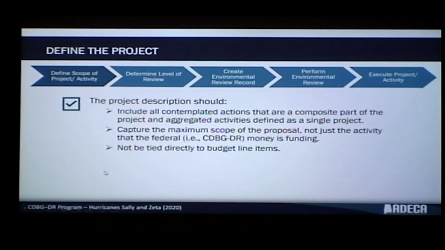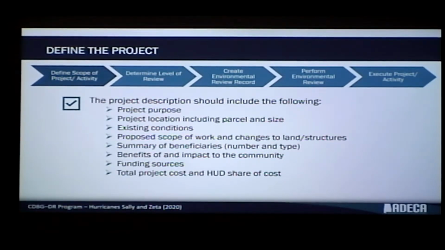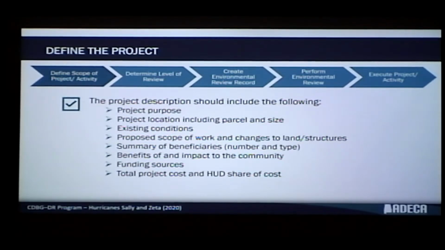So we have the project purpose. What are you going to do? What is your project? Then project location, including parcel and size, existing conditions, proposed scope of work, changes to land structure, summary of beneficiaries, number and type, benefits or impact to the community, funding sources, total project cost and HUD share. So for the project purpose, are you going to build a bridge?